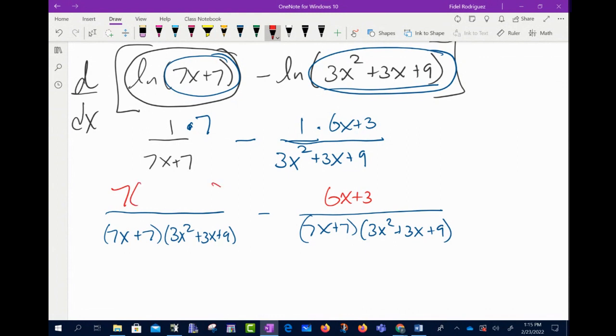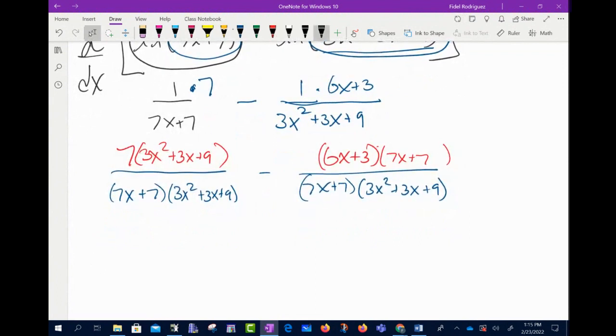What am I going to put next to that 7? Now, remember, look at the bottom parts. 3x squared? Good. 3x squared plus 3x plus 9? Excellent. What am I going to put next to that 6x plus 3? Perfect. Very good, y'all. Good job.